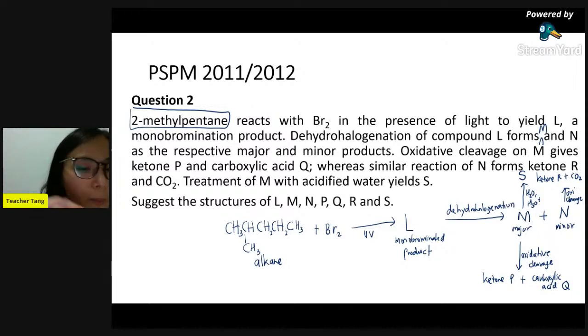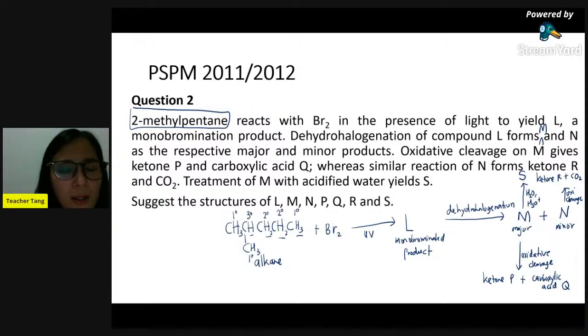Remember, I told you already, first we need to classify the hydrogens. This CH3 is primary. This CH2 is secondary. This is also secondary. This CH3 is primary and this CH is tertiary.